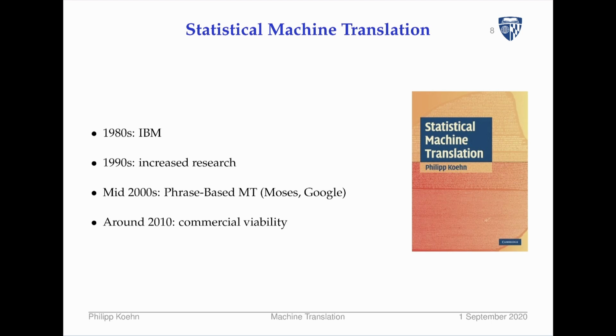In the 1980s, another trend also emerged, which was the use of statistical methods to solve problems in language. In the 1980s at IBM, there was a group of researchers that first tackled the problem of speech recognition with statistical methods.